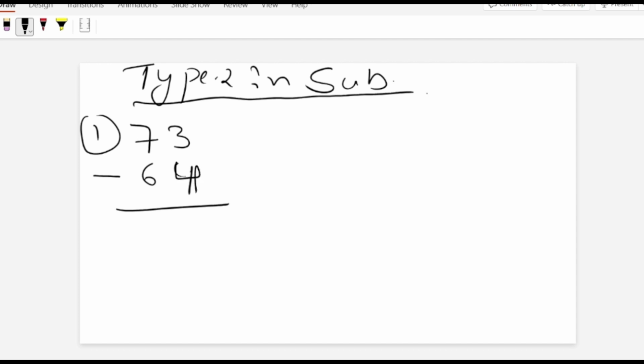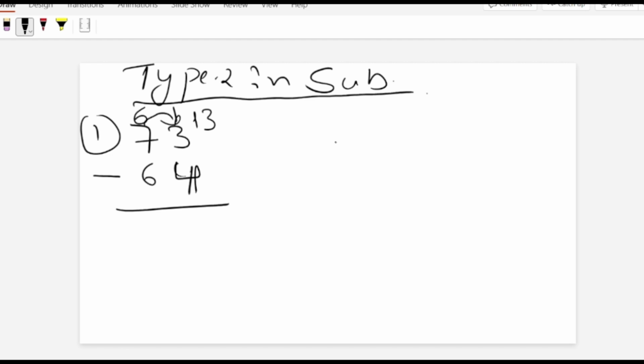How will you subtract it? It's so simple. Okay, see here on the video. Concentrate here. Borrow 1 from 7. If you borrow, the 3 will become 13. Okay, 13. If you borrow here from 7, it will be a 6.